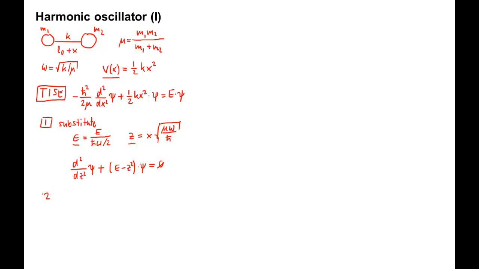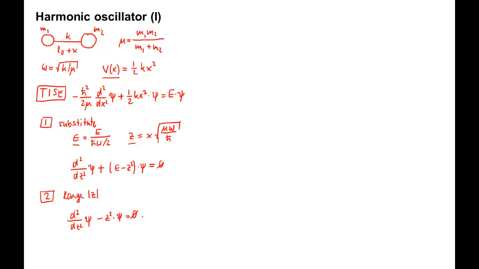Second step. Let's examine the last equation in the limit of very large or very negative displacement z. Then epsilon can be neglected compared to z squared, so that the differential equation simplifies to d squared dz squared psi minus z squared times psi equals 0.